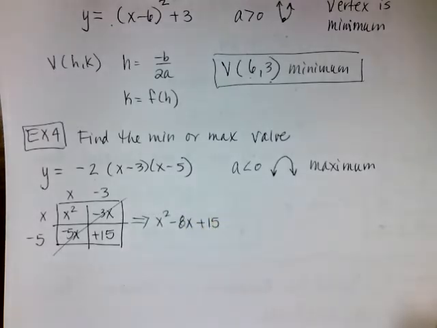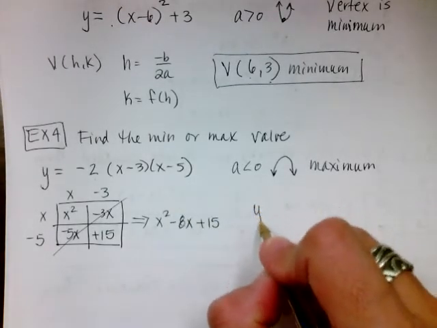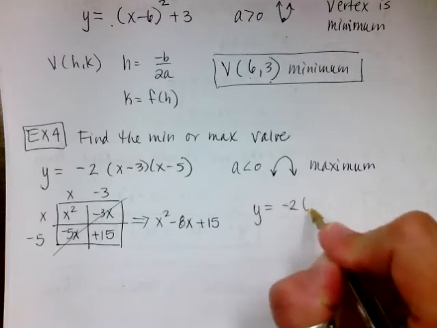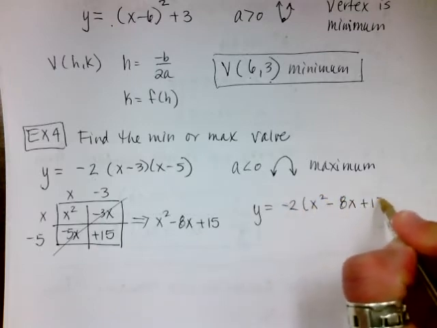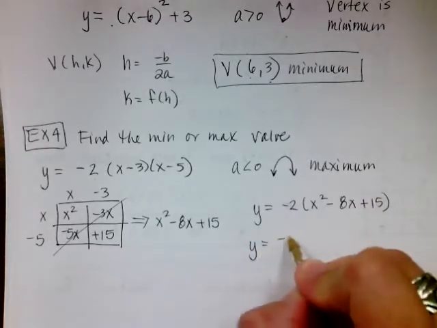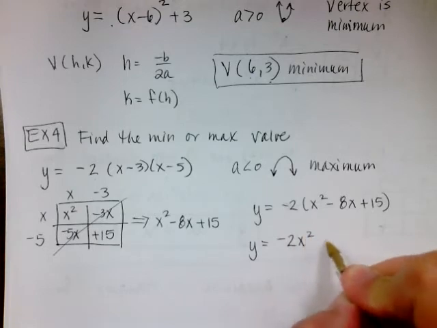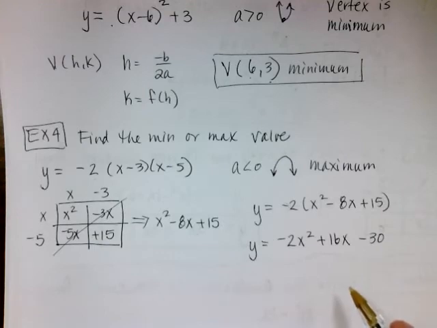So you have a little background music as we do math. I need to substitute this into this equation. So I'm going to get y equals negative 2 times (x² − 8x + 15). If I distribute the negative 2, there we go, I get −2x² + 16x − 30. So that's my parabola in standard form.